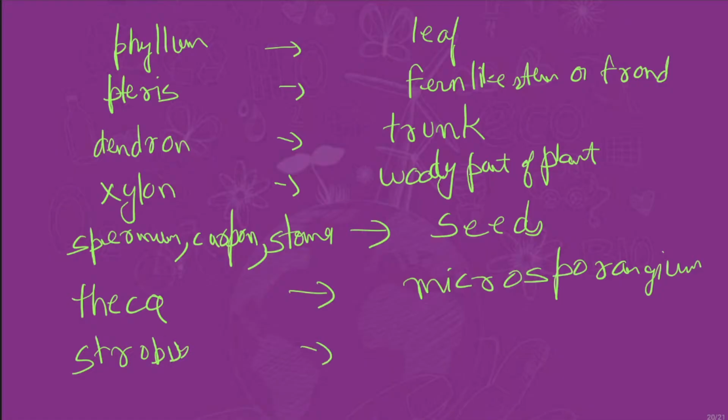Strobus is the cone of a prehistoric plant.